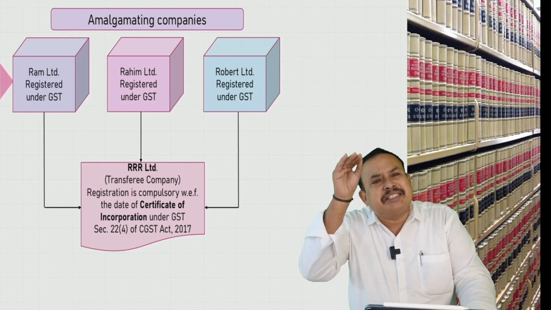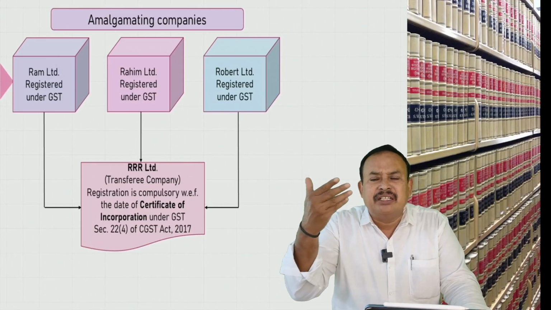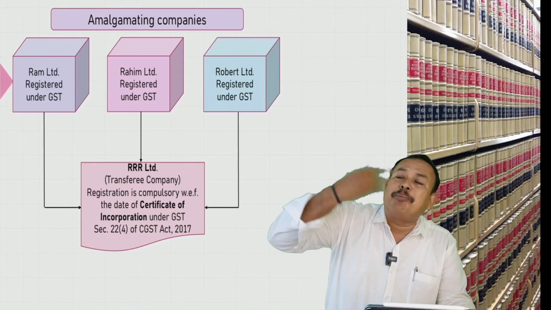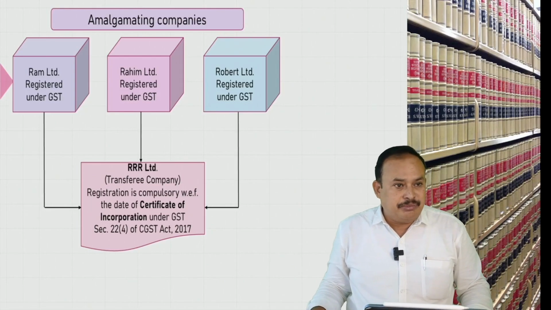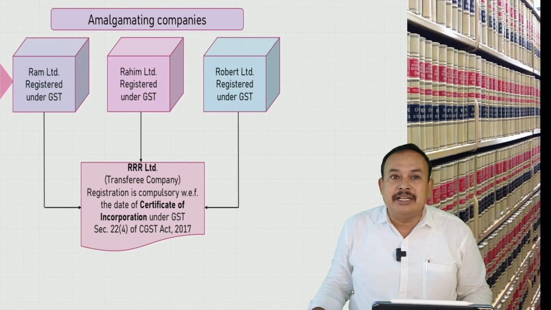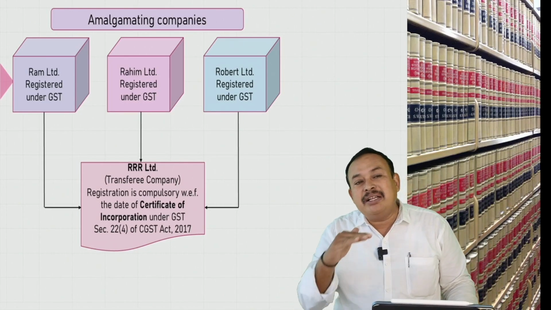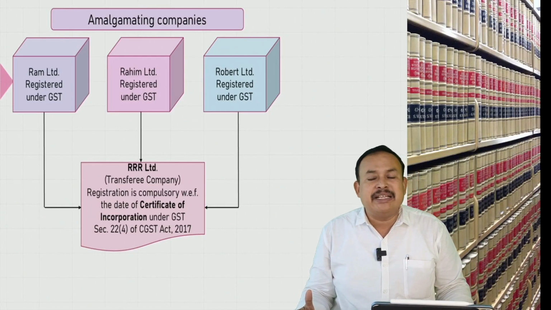Now, my dear friends, if registration is required, what is the time limit within which the person should apply for registration? Any doubt? Yes or no? No doubt. Then listen and answer me. What is the time limit to go for registration? There is a time limit.